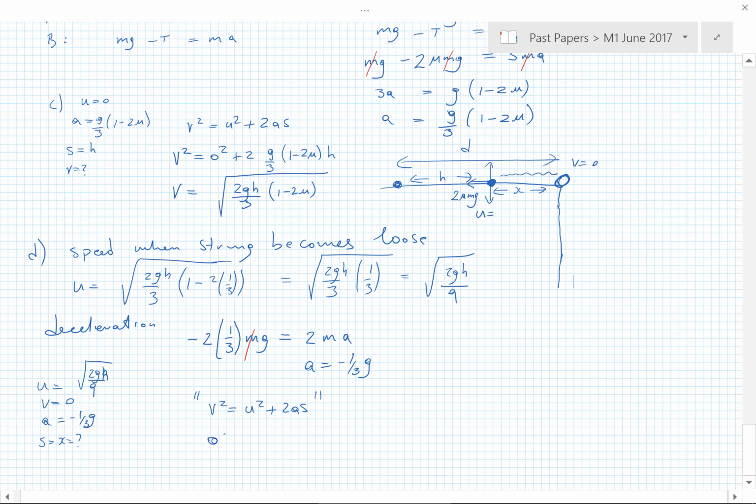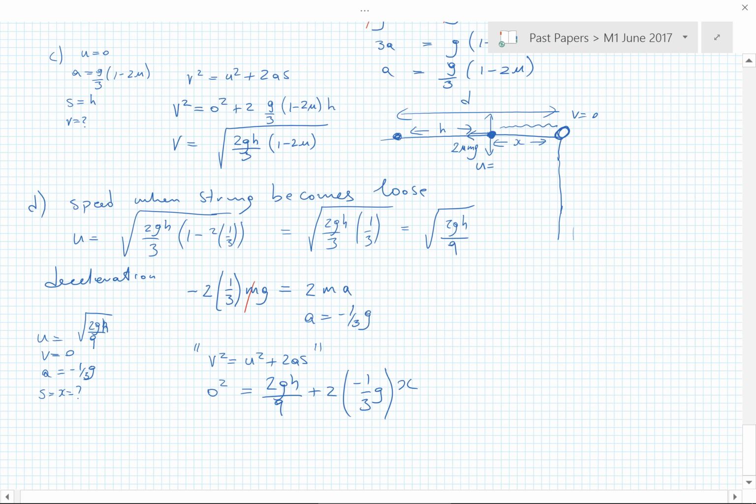So we can say 0 squared is equal to u squared, which is 2gh over 9, plus 2 times minus a third g times s, which we're calling x.